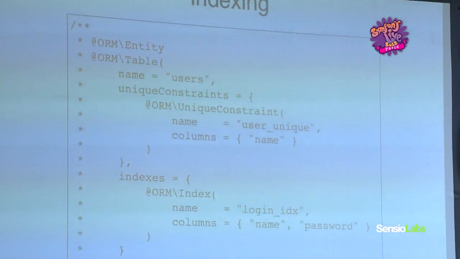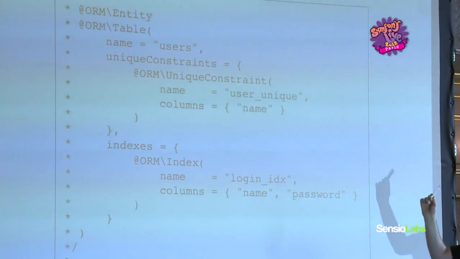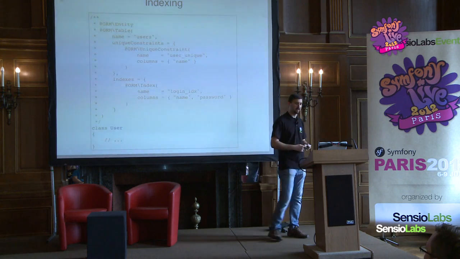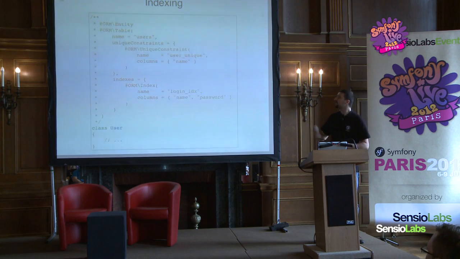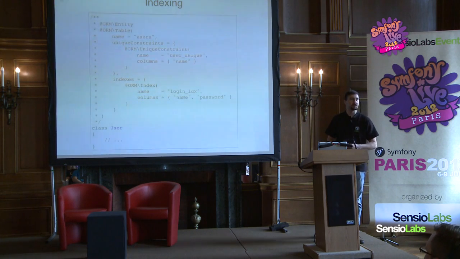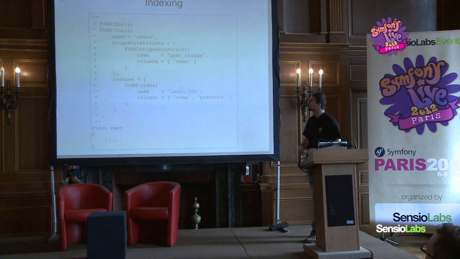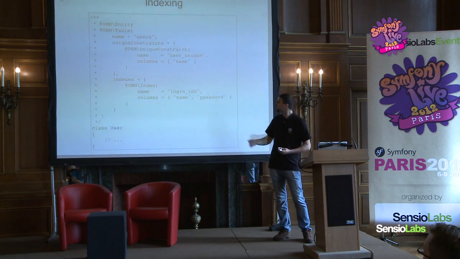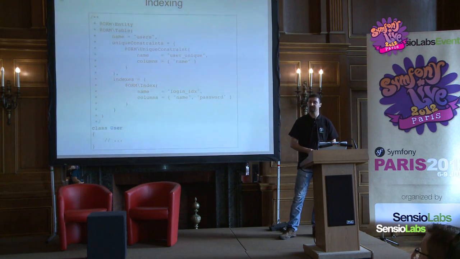And then you can also have other indexes that are normal ones. So for this class User, you have a table called users. And you say, hey, I want the username to be unique. And then it's going to generate a unique index for you. And the second one, you say, hey, I want to index by the name and the password so I can fetch easier and faster.